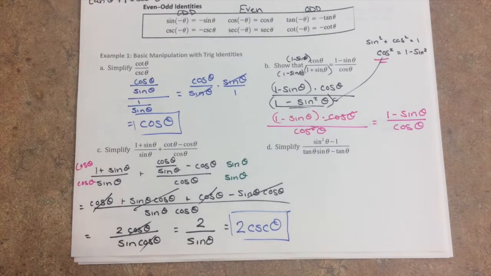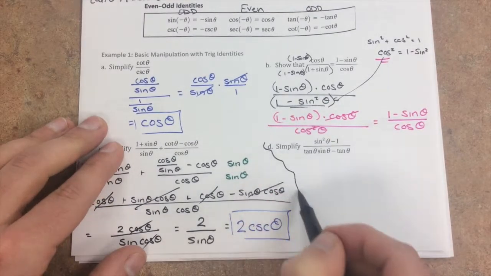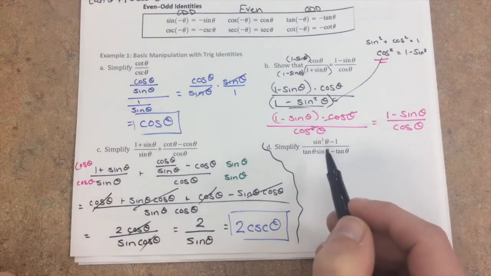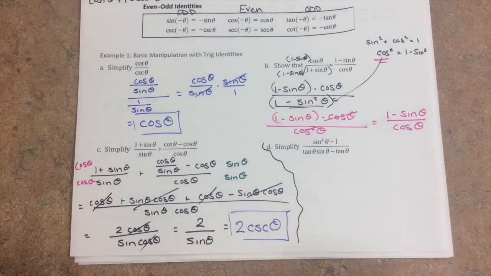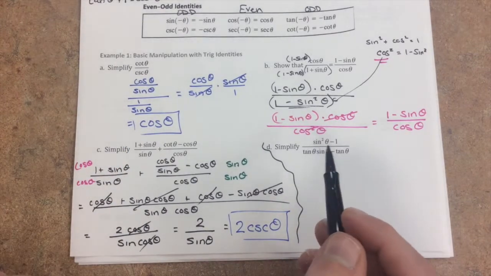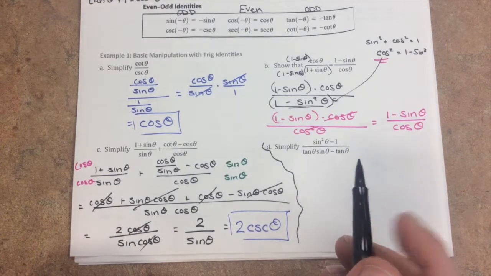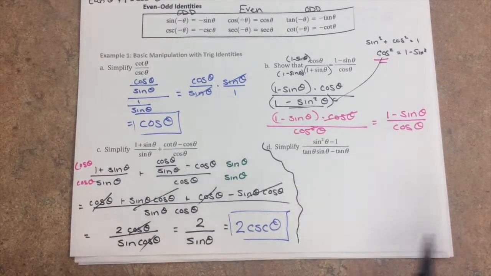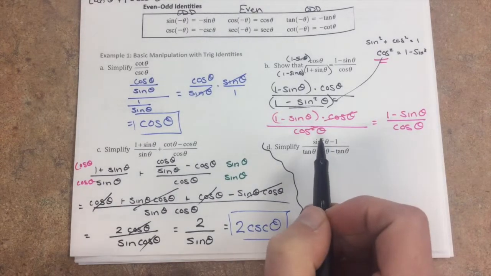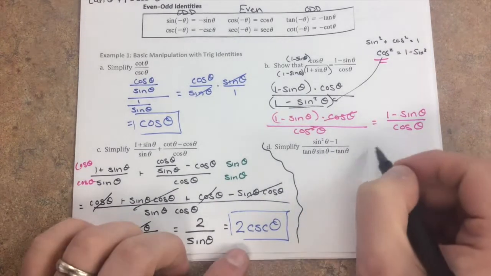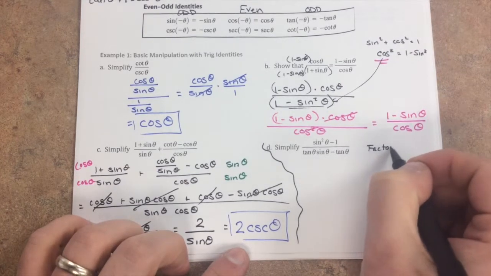Last one. Let's draw a little line here, see if I have enough room. Simplify. So sine squared theta minus 1. So you might be saying, how in the world are we going to do this? Factor the top, factor the bottom. This is just algebra.